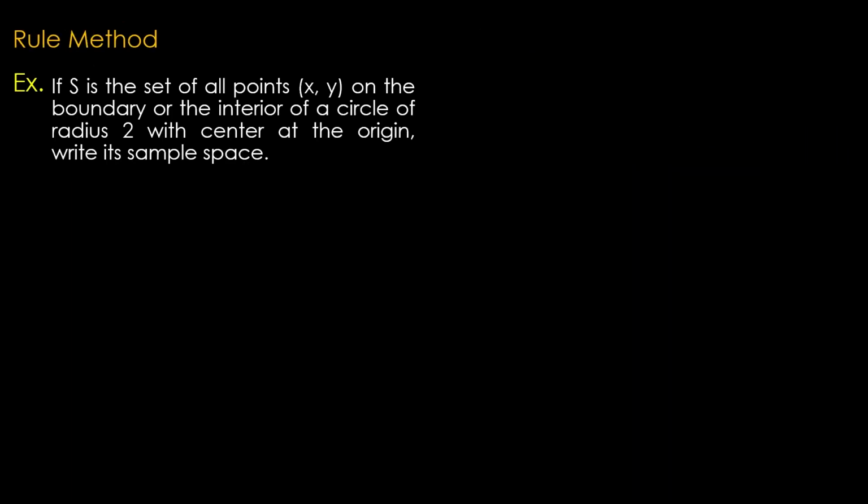Example for the rule method. If S is the set of all points on the boundary or interior of a circle of radius 2 with the center at the origin, write its sample space.